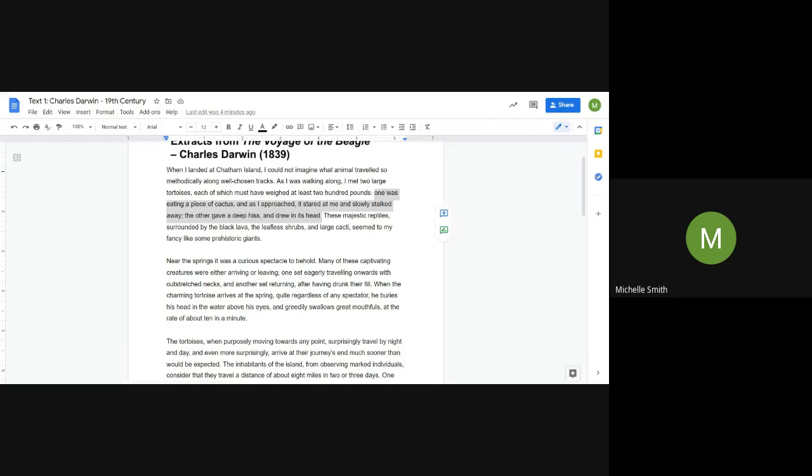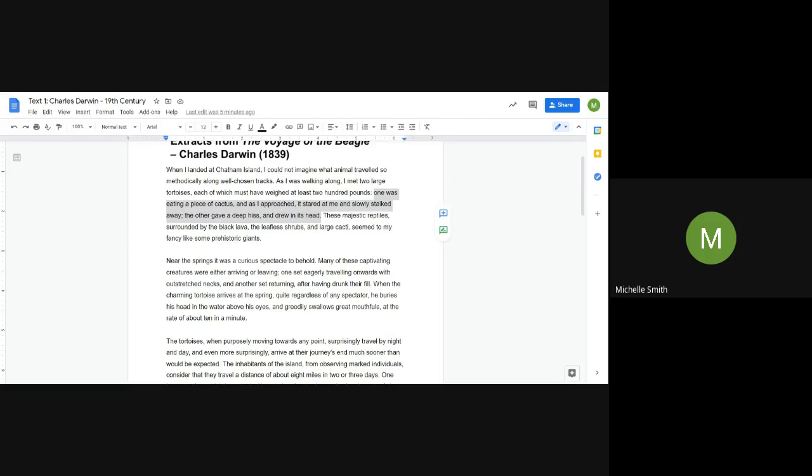Because they either walk away from Darwin, or they hide from him. So that could be my first summary. In text 1, the tortoises are passive and defensive as they either walk away from Darwin or they draw their heads into their shells. That's actually what I might say here.